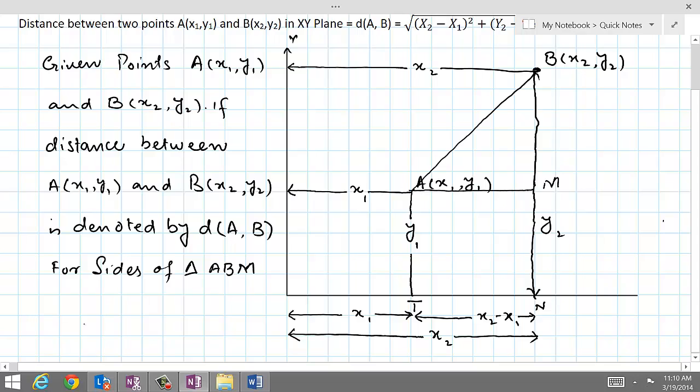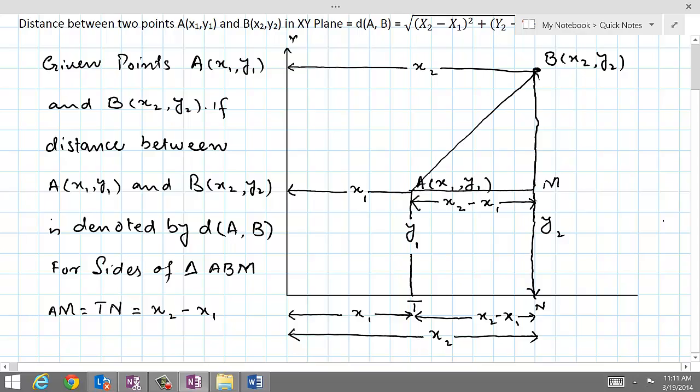So AM, which is in fact equal to TN, is equal to x2 minus x1. We can label this distance, whether directly or indirectly, as x2 minus x1, the length of the base of the triangle.